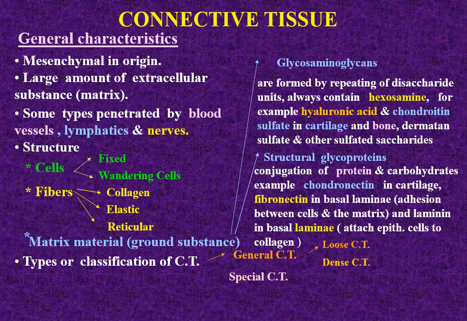Loose connective tissue can be further subdivided according to some special properties of cells, fibers, and matrix. Dense connective tissues can be divided into dense regular or dense irregular, according to the arrangement of fiber bundles. Special connective tissues include cartilage, bone, blood, and hemopoietic tissues.